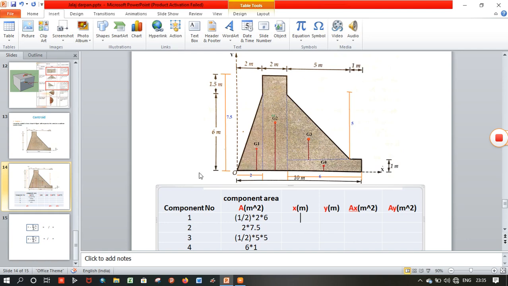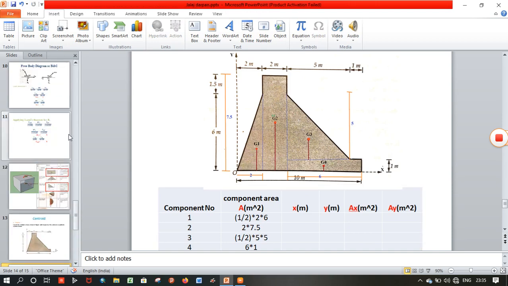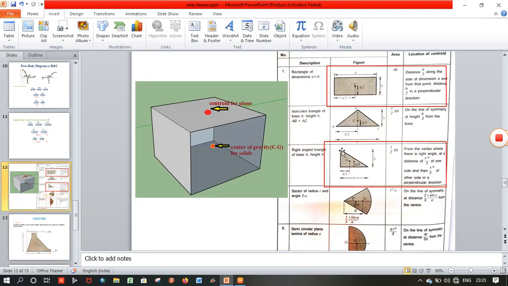That is the right angle triangle. We know the centroidal distance, so it is at a distance of h by 3 from the right angle side for the base, and the same for the height, it is at a distance of h by 3 from the right angle edge.